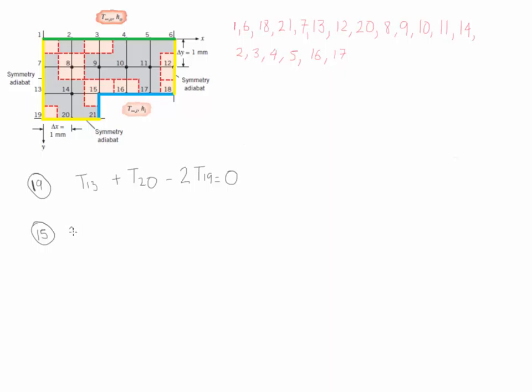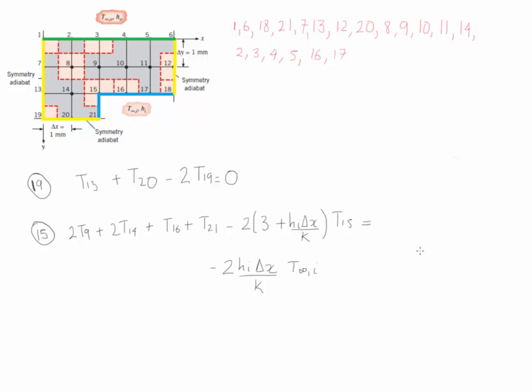The equation is given as 2 times T9 plus 2 times T14 plus T16 plus T21 minus 2 times (3 plus HI delta X over K) T15 equal to minus 2 HI delta X over K T infinity I.